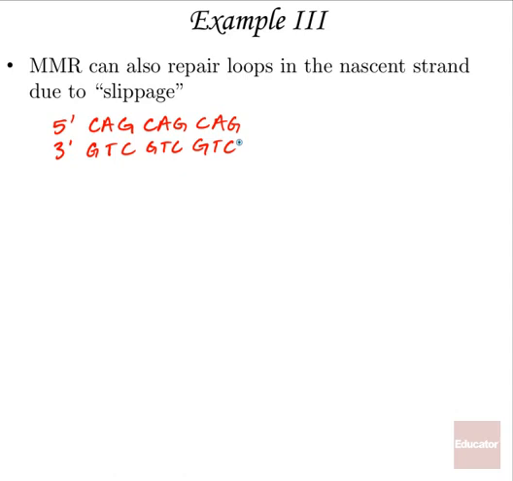Okay, so if we have repeat sequences, this can be problematic during replication because what can happen is what I said is called slippage. So CAG, okay. And during slippage, we can have some denaturation to where we have it coming off of the proper sequence.